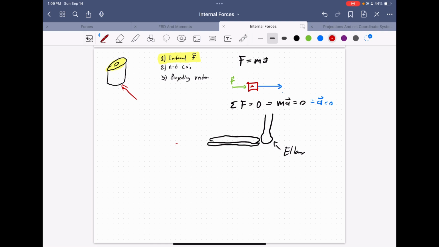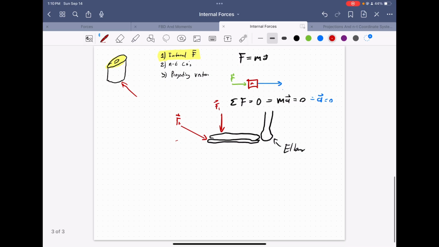And we know we have some force here. Maybe someone's also grabbing on the arm and pulling it down here. We call that F1 and F2, right?